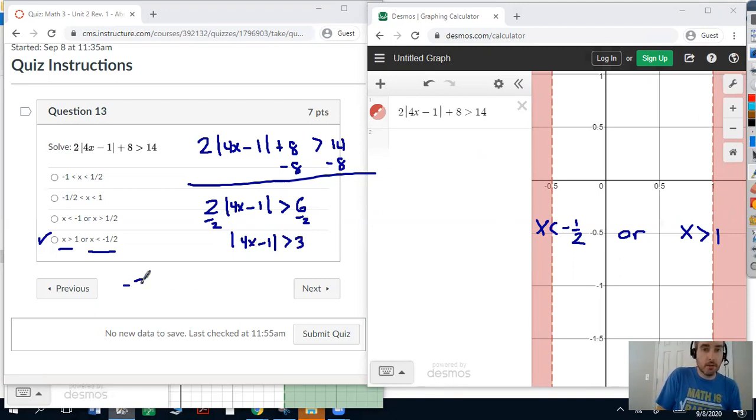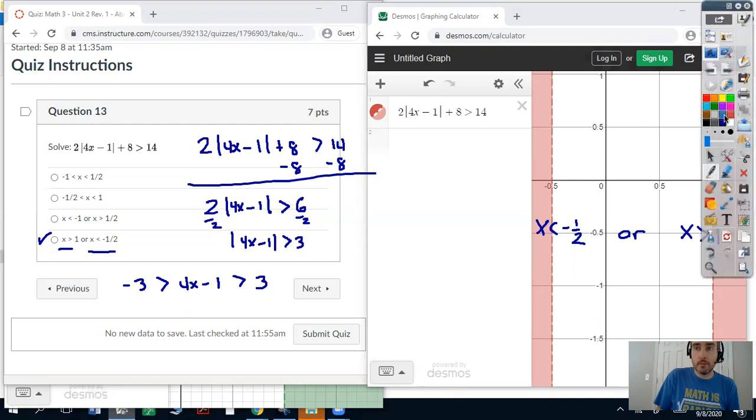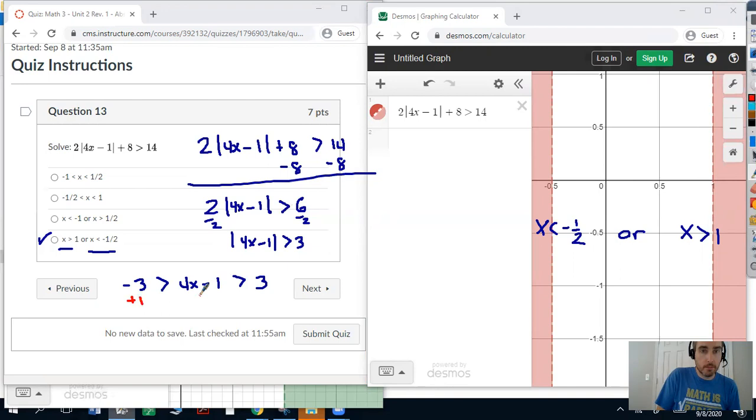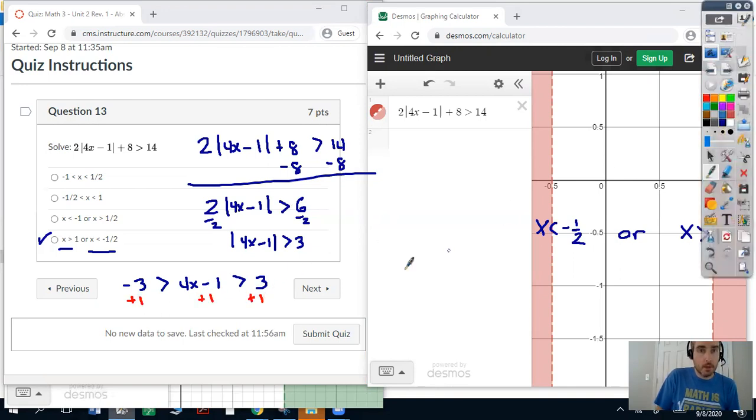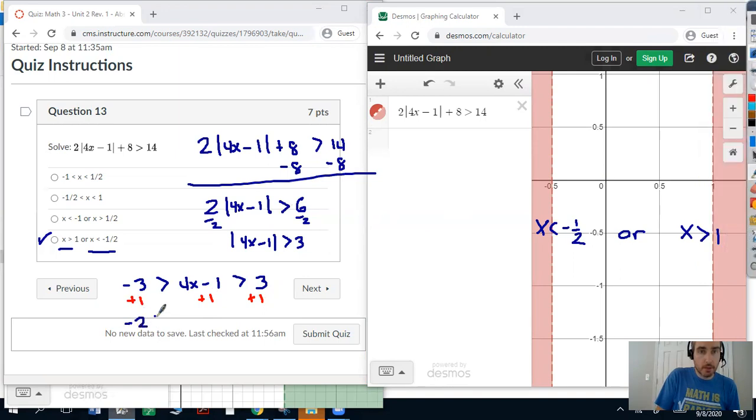So I say negative 3 is less than 4x minus 1 is less than positive 3. And I'll add the 1, divide by 4. And that's negative 2 is less than 4x, which is less than 4. And if I divide by 4, negative 2 divided by 4 is negative 0.5. And then 4 divided by 4 is 1.